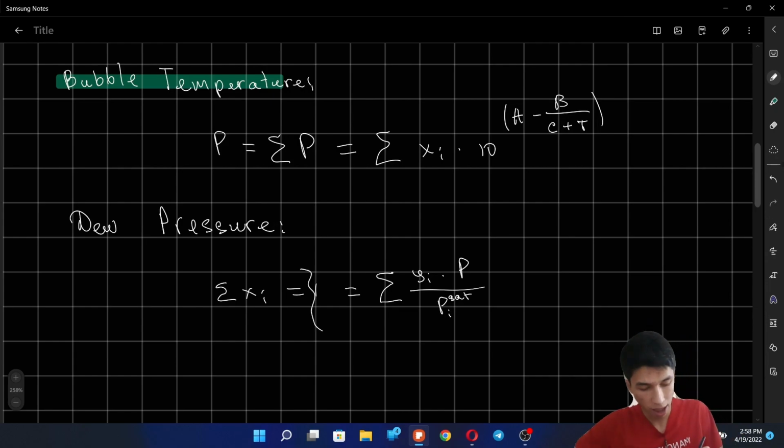So now we have this equation here. As we know, this is going to be equal to 1, right?